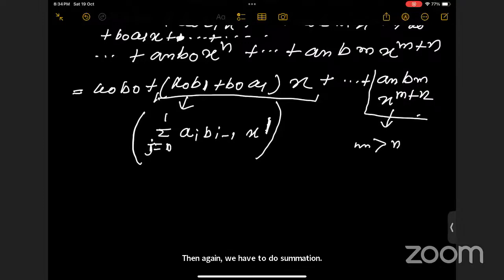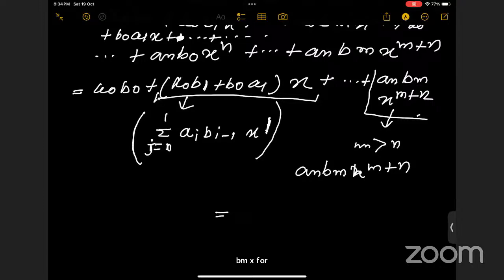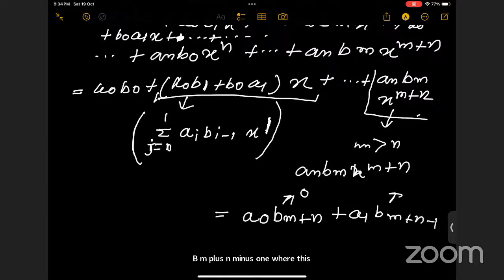Then we can express this term a_n b_m x^(m+n) as a_0 b_(m+n) plus a_1 b_(m+n-1), where this b_(m+n) is 0 and this is 0.